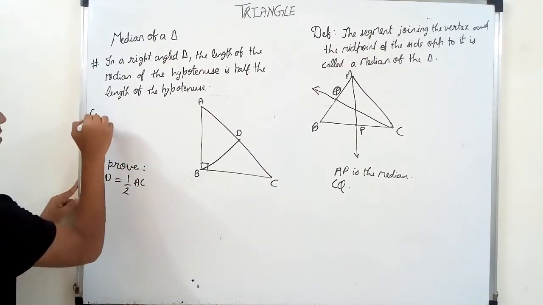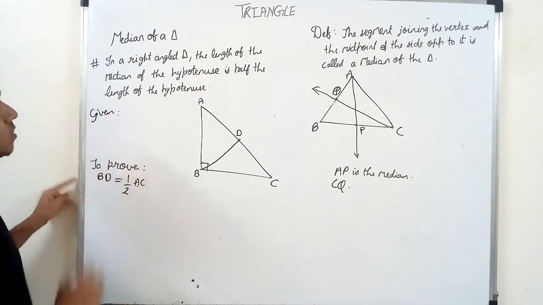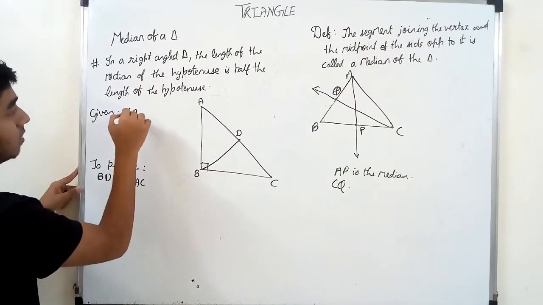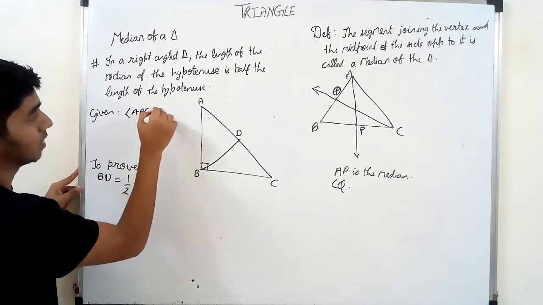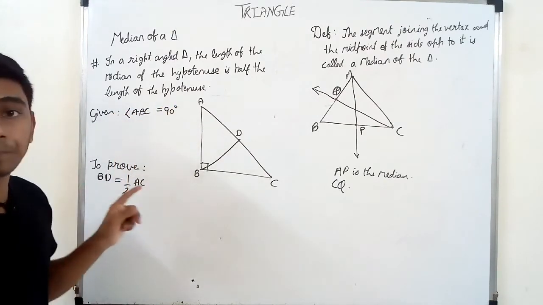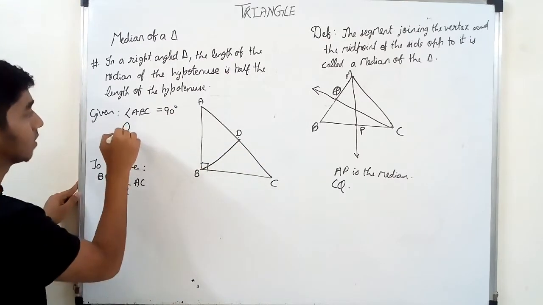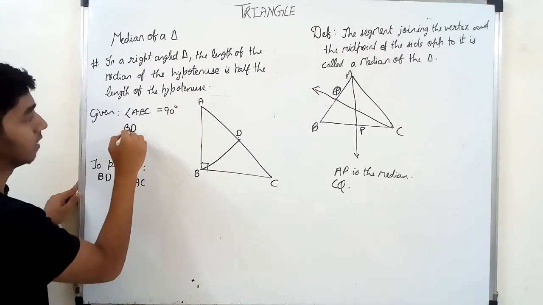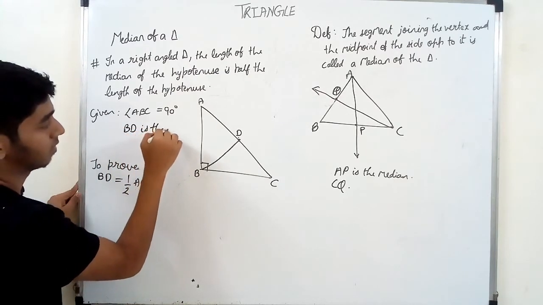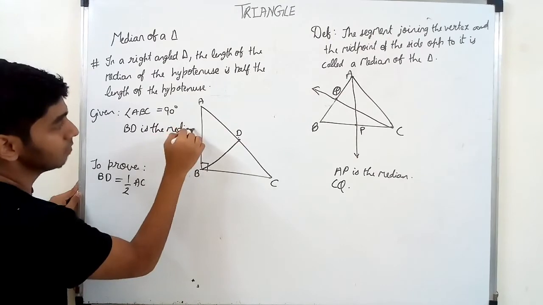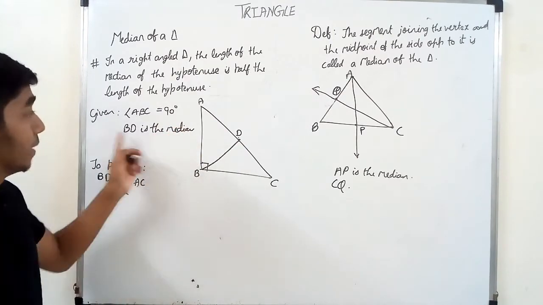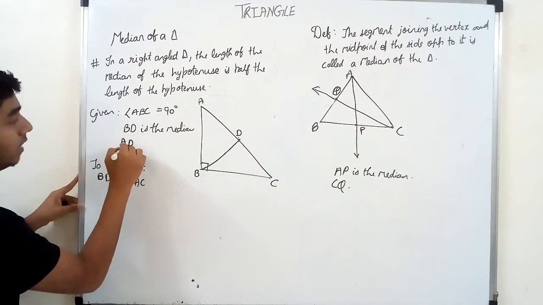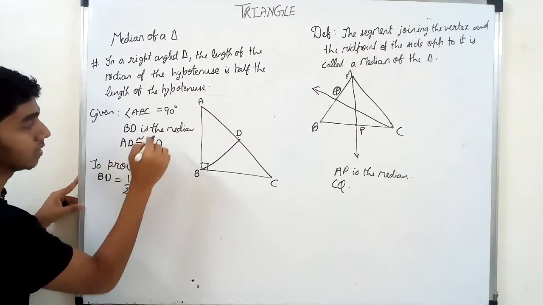What is given to us? Angle ABC equal to 90 degree, correct? And BD is the median. If BD is the median on AC, then we can say that AD is congruent to CD.